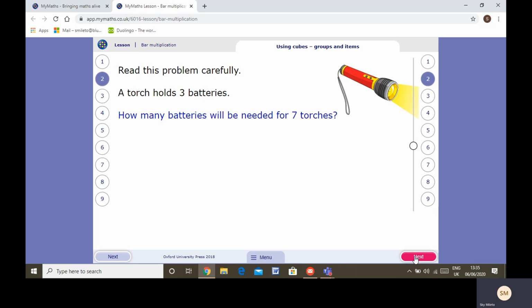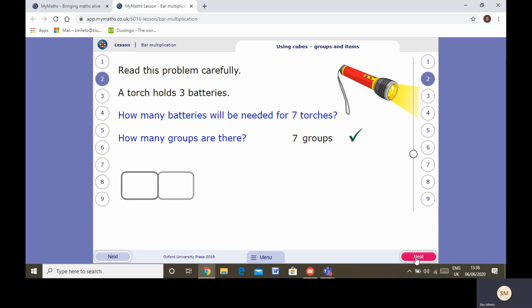One more. A torch has 3 batteries. How many batteries will be needed for 7 torches? So this is worded a little bit differently. Firstly, we need to work out how many groups we have. And for that, we'll be looking at the number of torches. There are 7 torches, so there must be 7 groups.